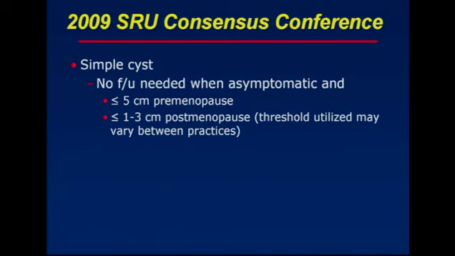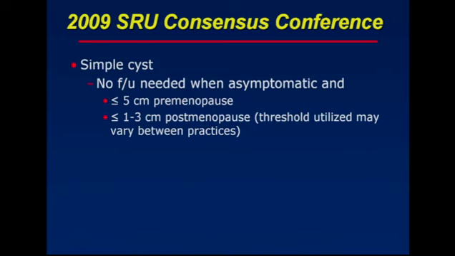All of the participants understood that 3 centimeters could be used by reasonable practitioners of imaging and basically say that a postmenopausal patient with a simple cyst less than 3 centimeters might not need follow-up, but realize that some people might want to follow up cysts between 1 to 3 centimeters.